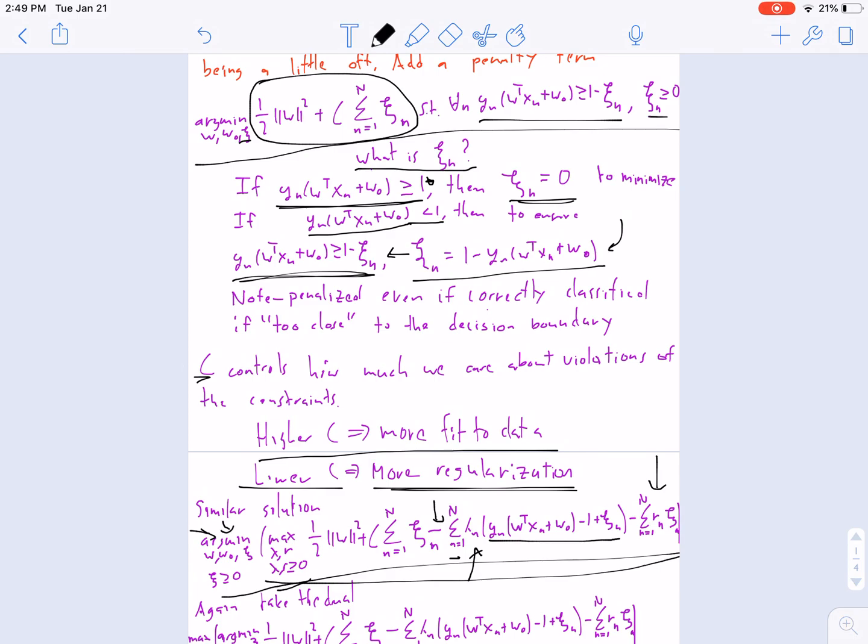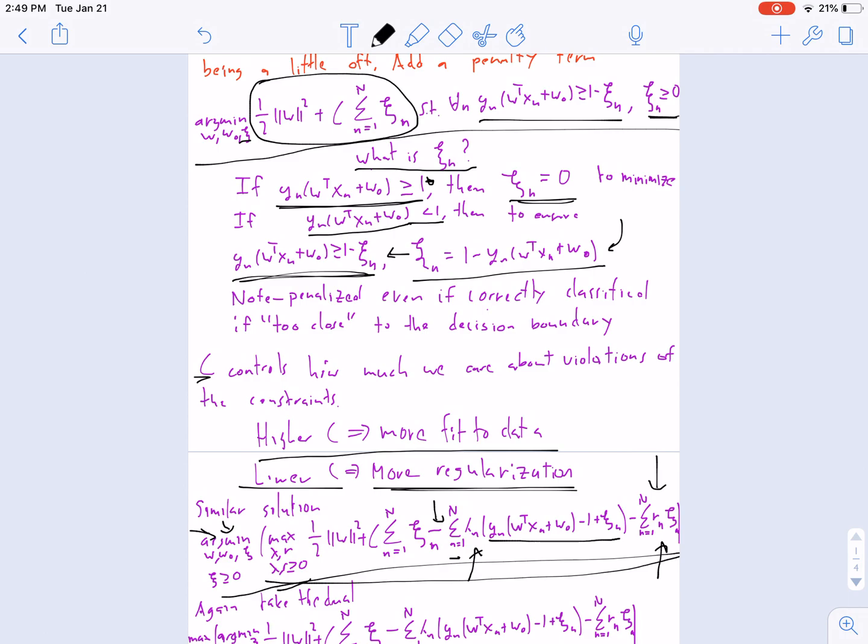And if the second term is violated, which is to say there's a slack term that's less than 0, well, then we can just make that Rn arbitrarily large, and for the exact same reason, that won't be selected. So essentially for any W naught and slack term that don't satisfy the constraints, the value of the inside parenthesized function in the Lagrangian is infinity, so it won't be chosen.